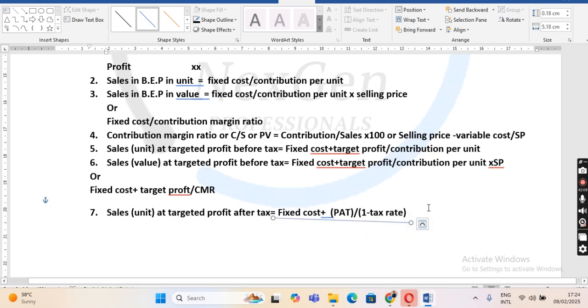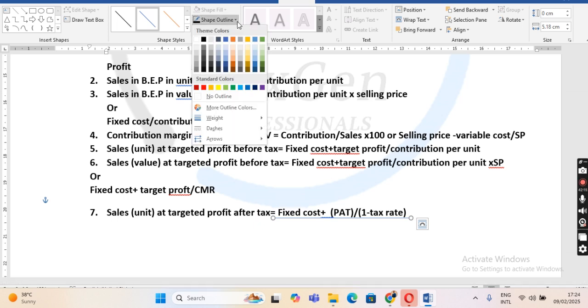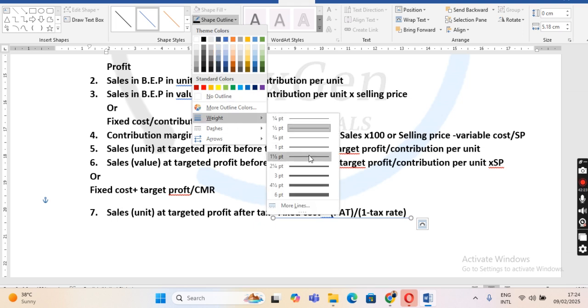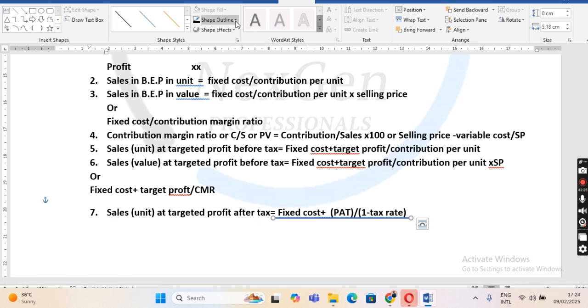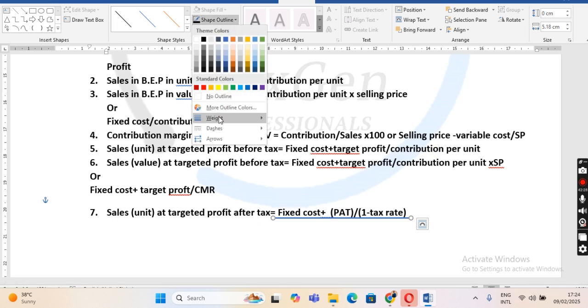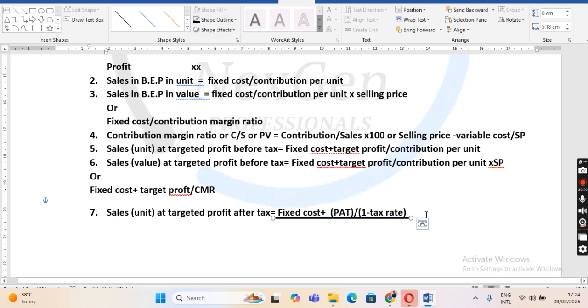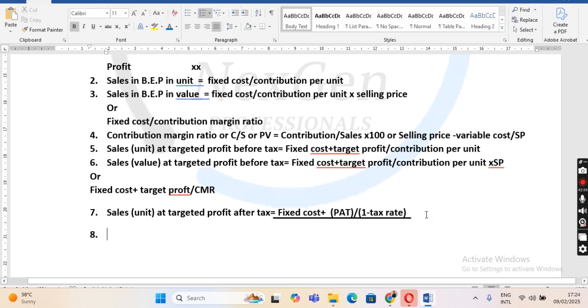Because we want to get sales in units at targeted profit, or at profit after tax. So you divide it by contribution per unit. So you can see when you see something like this, this is how you will use to get it.